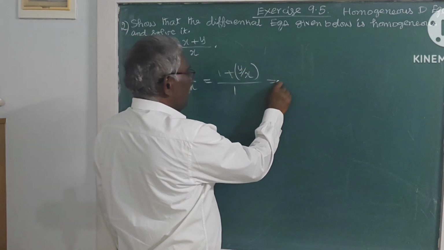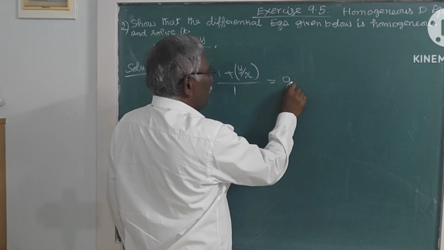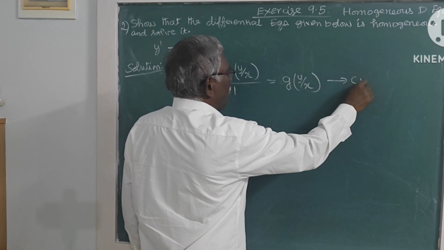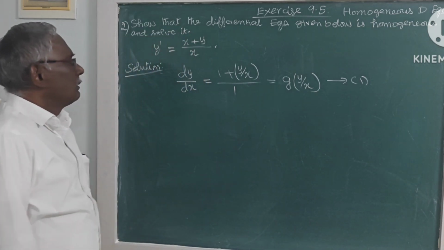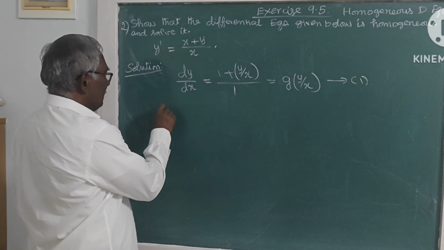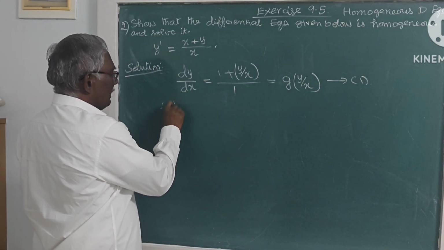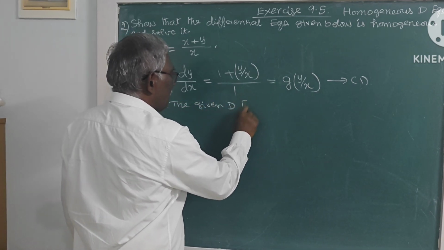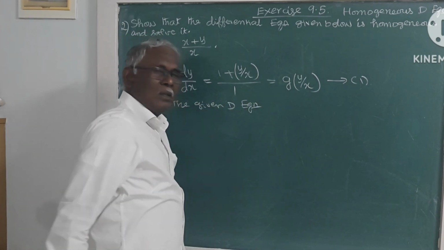So this is nothing but, we can write this as g of y by x. Therefore the given differential equation is homogeneous.